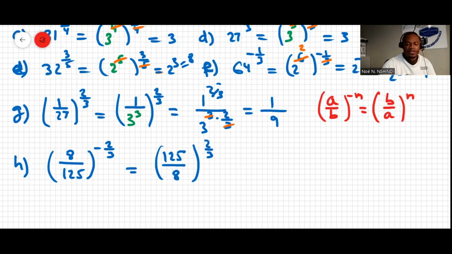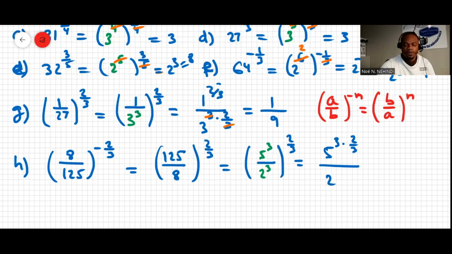Then 125 is 5 cubed, and 8 is also 2 to the power of 3. This means we can say 5 to the power of 3 multiplied by 2 over 3, over 2 to the power of 3 multiplied by 2 over 3. So we can simplify, and then we have 5 squared, which is 25, over 2 squared, which is 4.